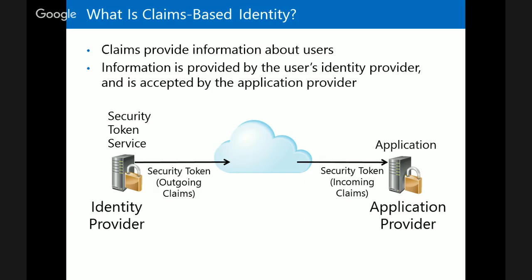That's called an identity provider. We want the person or the object or the system that's working as the identity provider, that when they supply those claims, the resource accepts those claims. That's called the application provider.